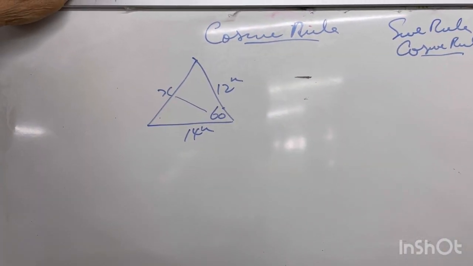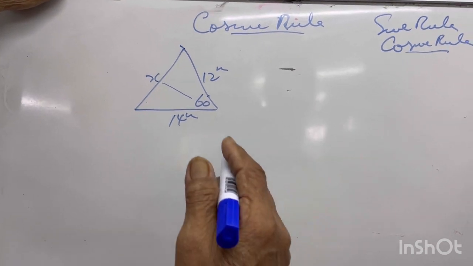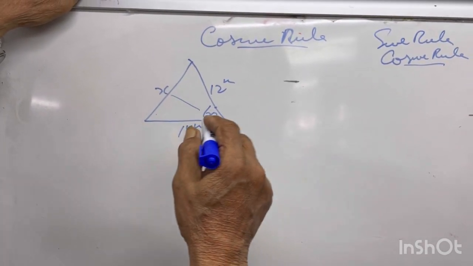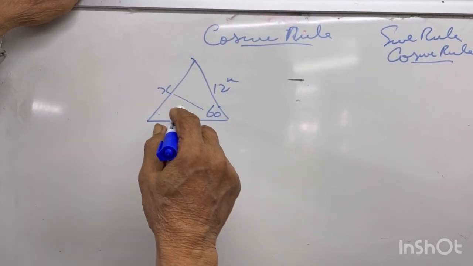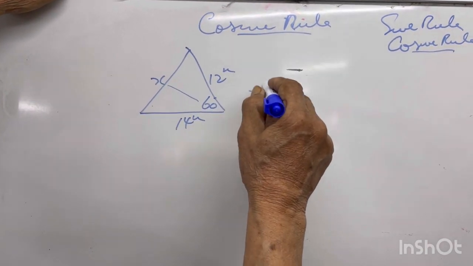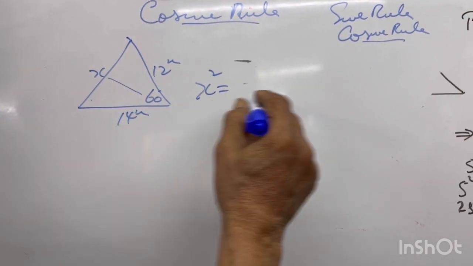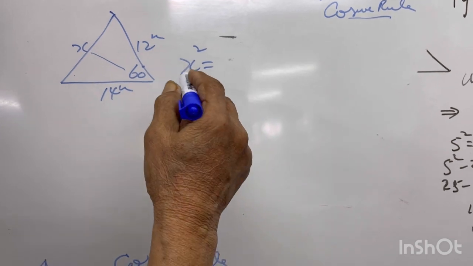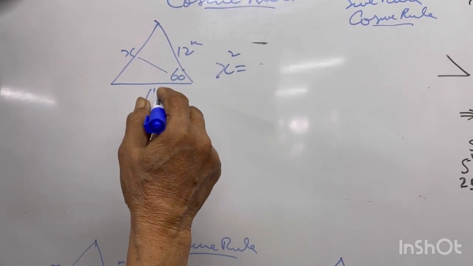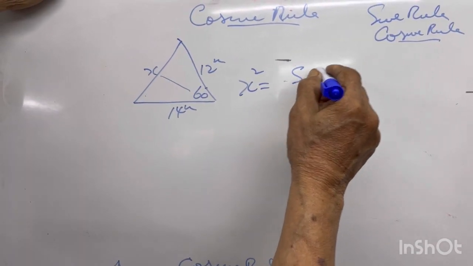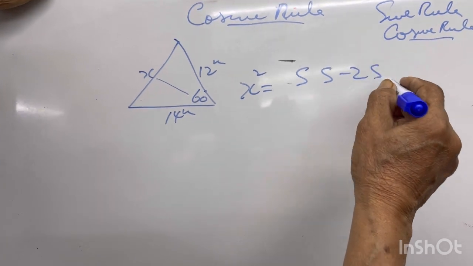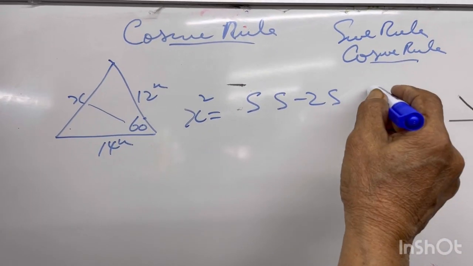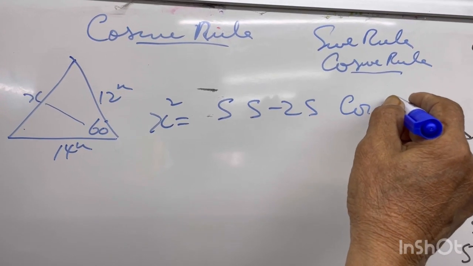In our language, for the cosine rule, you write down the pair, and then you write the pair. That is equal to what we call SS minus 2S, cos the angle.